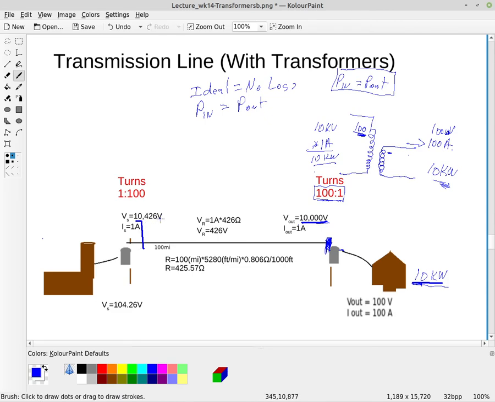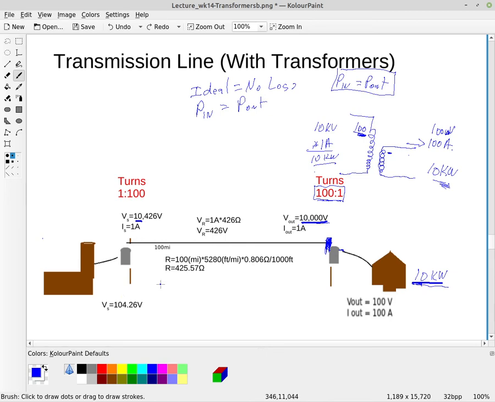But when we run that through this transformer again and take the voltage back down, they only have to supply 104 volts to get me 100 volts at my house.